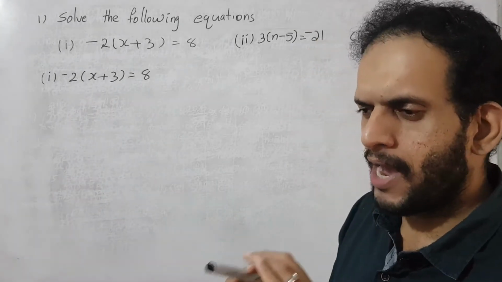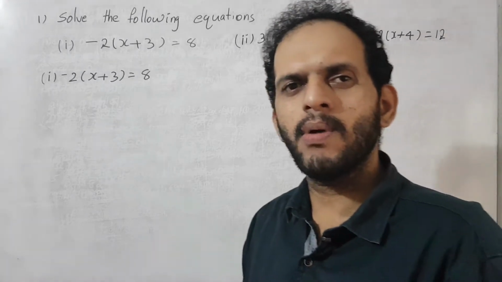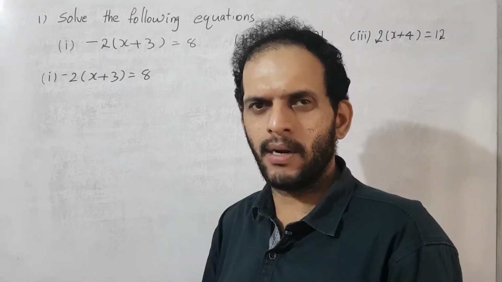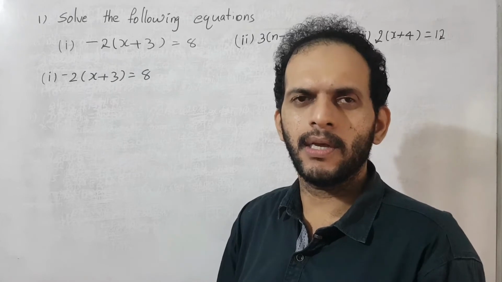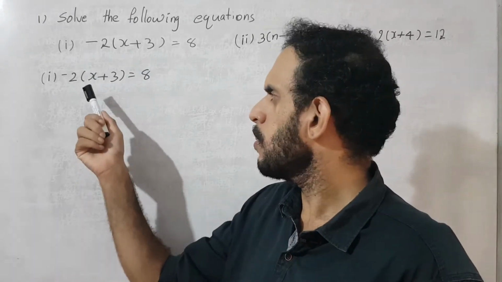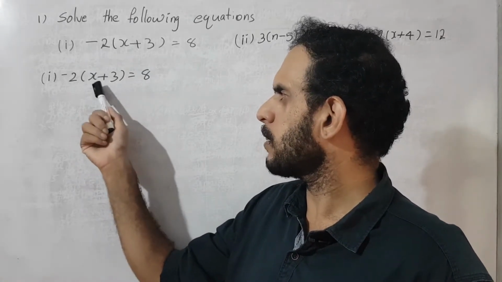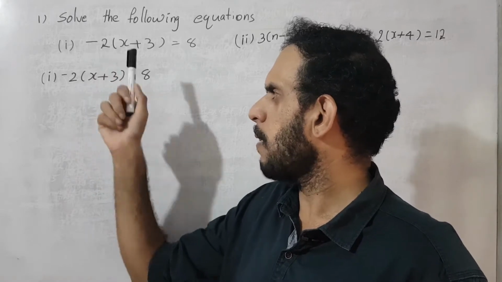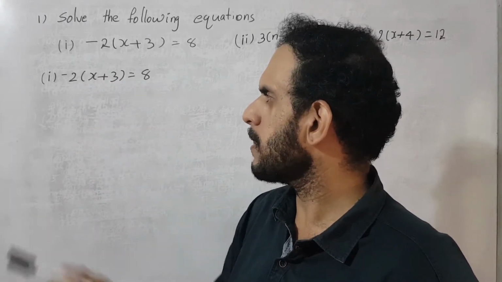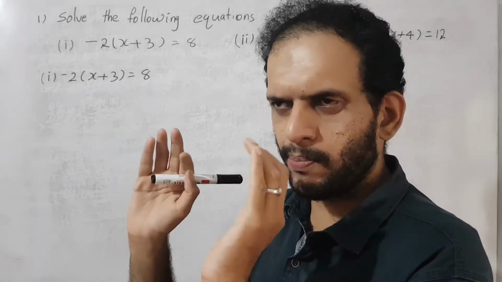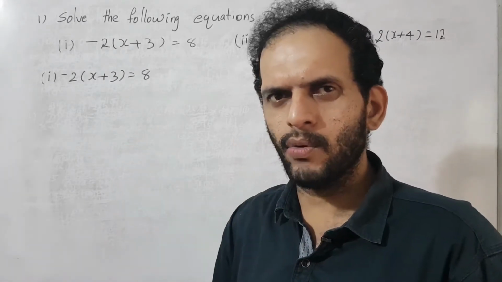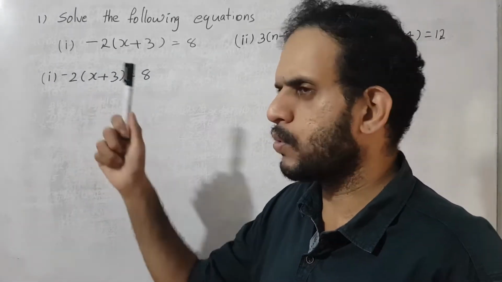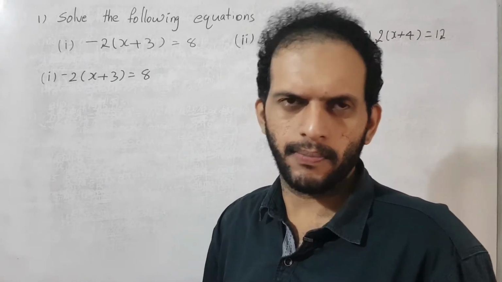Here x plus 3 is not a single term standing alone; we are multiplying it. We are multiplying together x plus 3 completely with the minus 2.